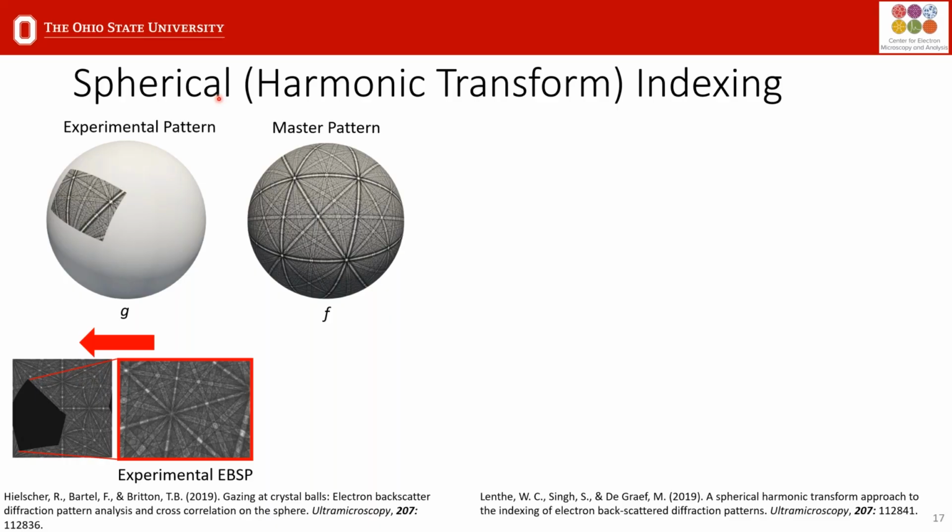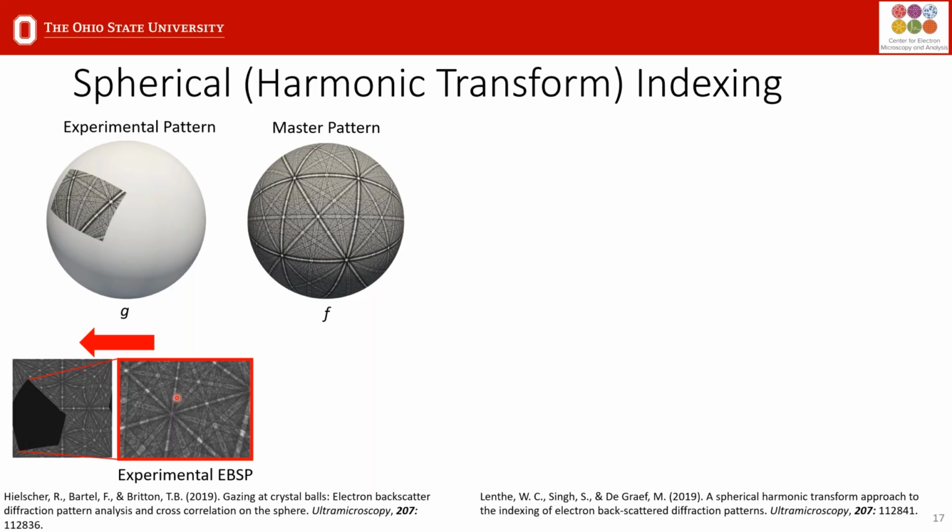Spherical harmonic indexing is actually fundamentally different to dictionary indexing, but in a way it's also similar, meaning that you're not only using the position of the Kikuchi bands to do the indexing, but you're using the whole pattern. Now, remember with dictionary indexing, we took the master pattern and then we simulated the pattern by projecting it onto a two-dimensional detector.